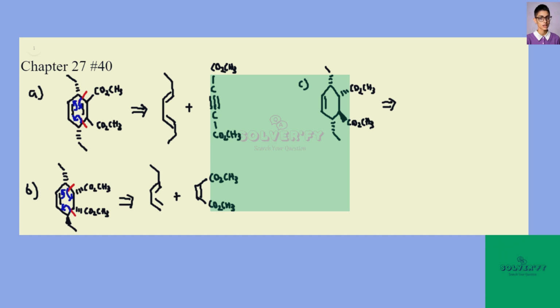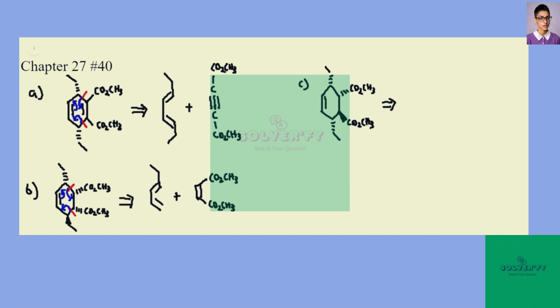And then to get the trans ethyl group on the other side, to get the wedged ethyl group, we're just going to have to change the stereochemistry from how we had it in A. For A, both of the double bonds had E chemistry.